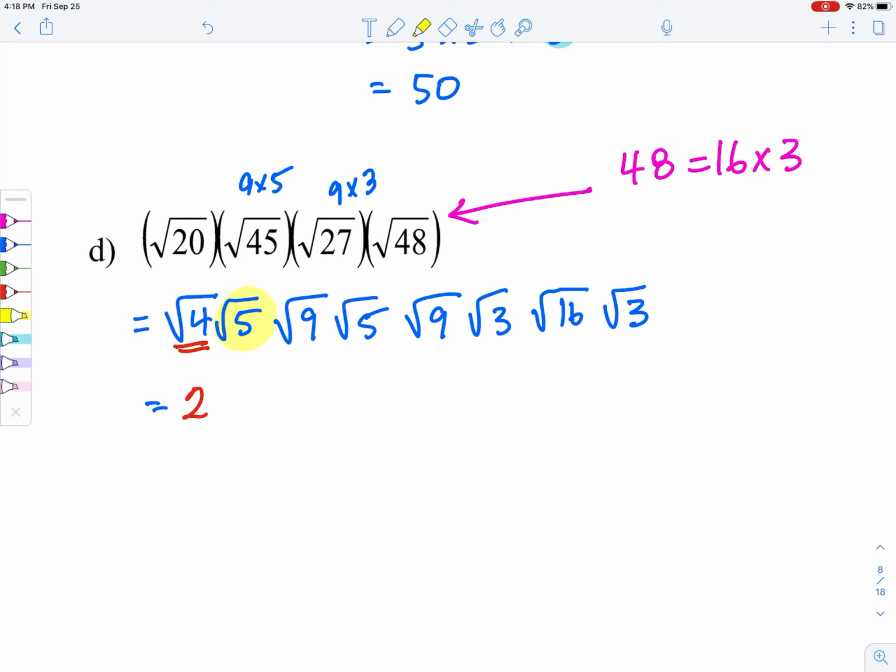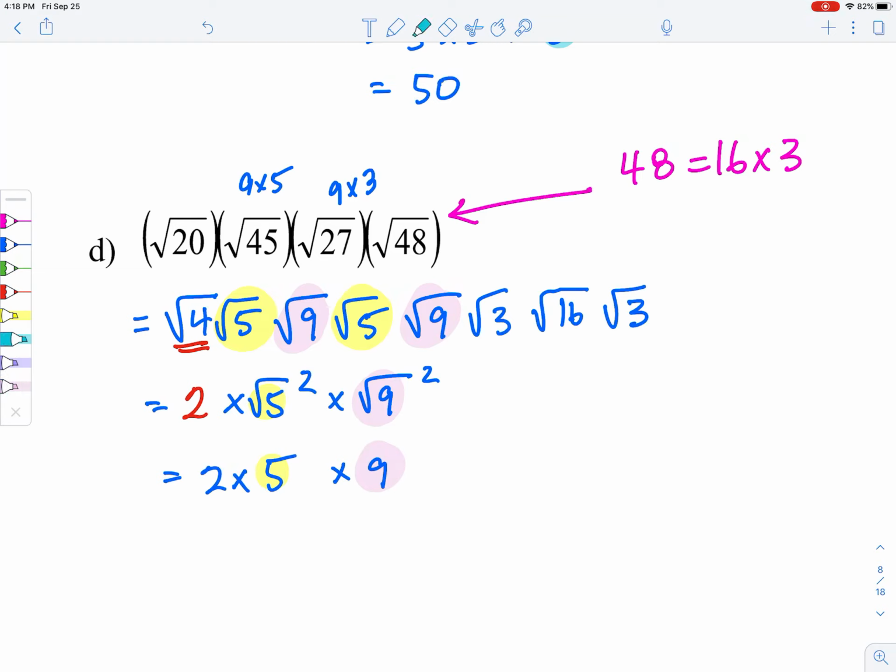Root 5 times root 5 is going to give me root 5 squared, which will straight up be 5. That's from all the yellows. I have a root 9 and a root 9, so I can write that as root 9 squared, and the square and square root cancel each other out, so we just get plain 9.